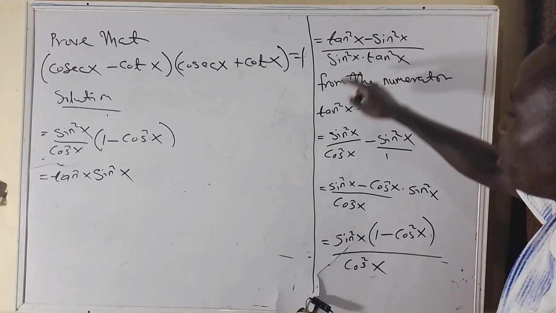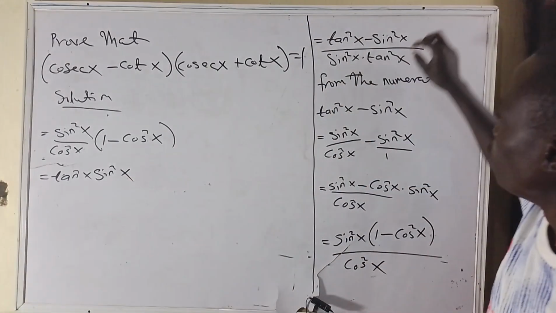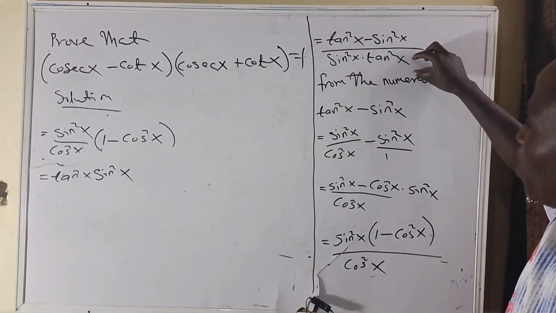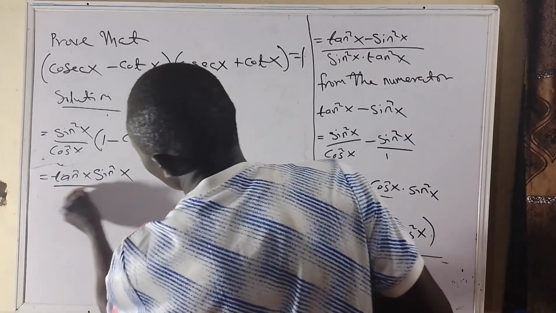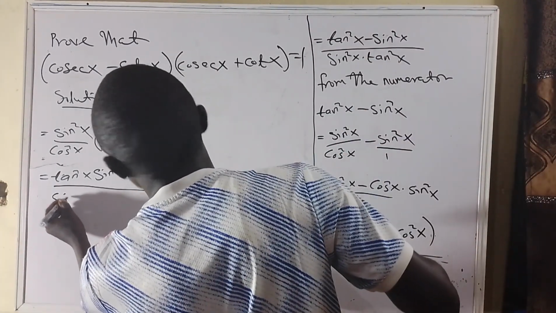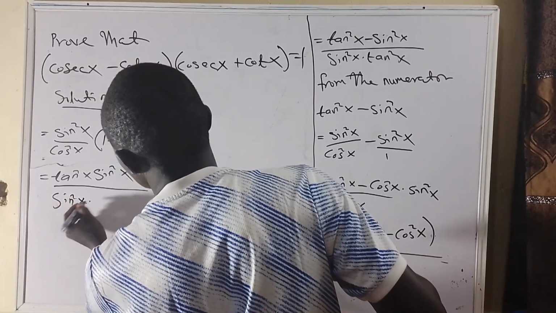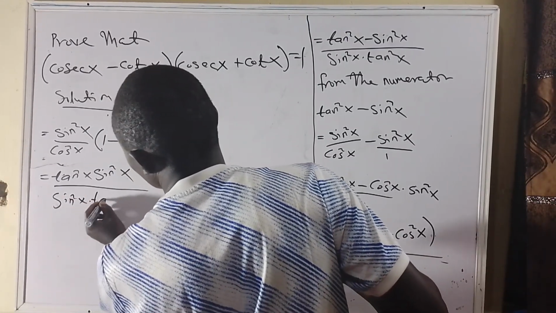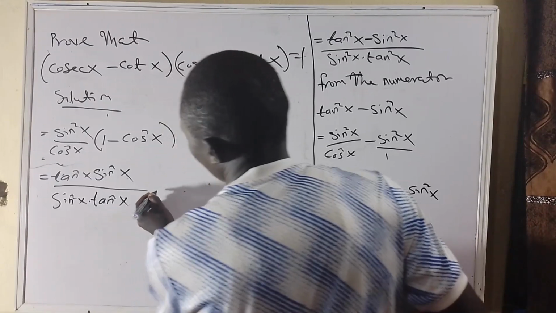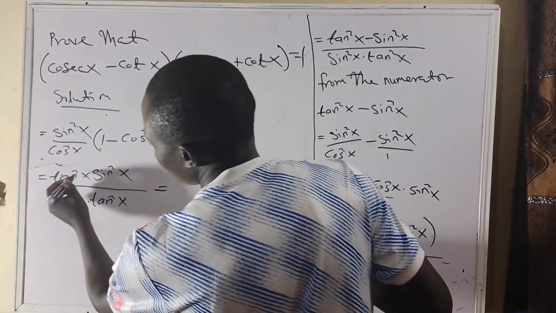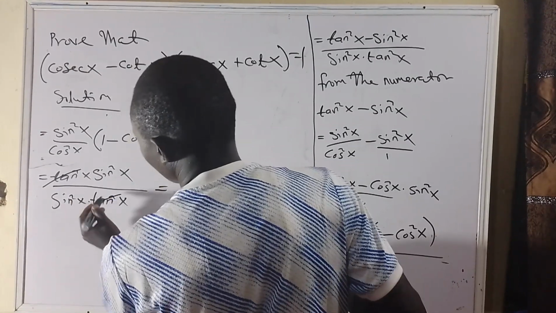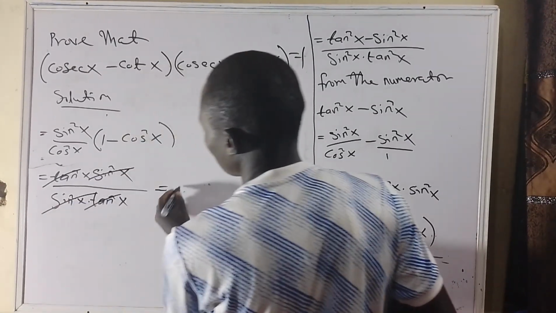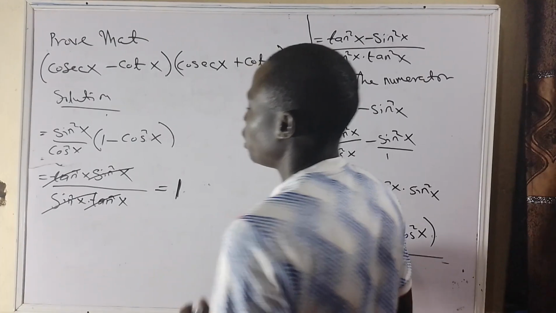Then the numerator is divided by the denominator, which means we need to divide by sin square x multiplying tan square x. This tan square x will go with this tan square x, this sin square x will go with this sin square x, and our answer is 1.